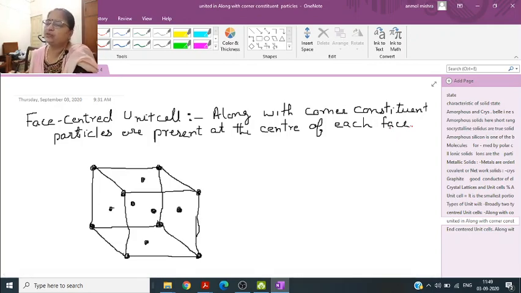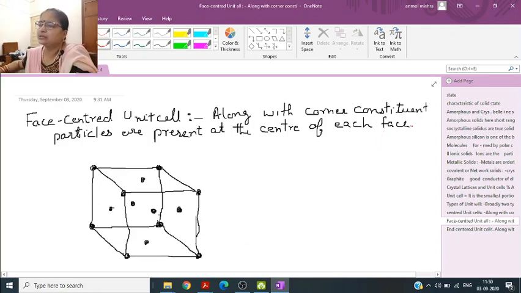So a total of 6 faces are there, and at the middle of each face there is a crystal point where atoms are present. Take the example of a room, it will become clear. This is the roof, this is the floor and these are the 4 walls. So that makes 6, and besides the 6, there are 8 at the corners.